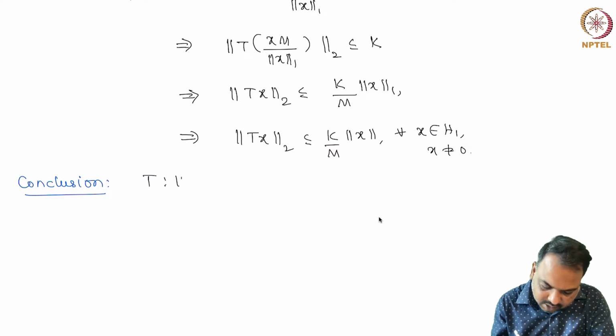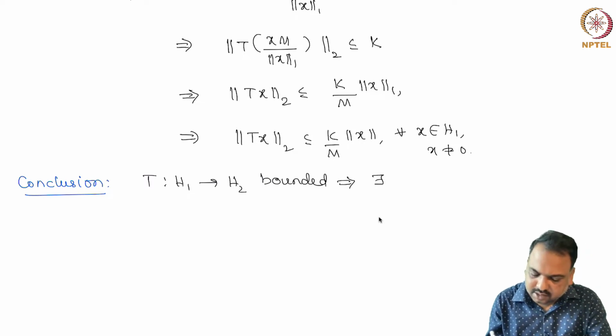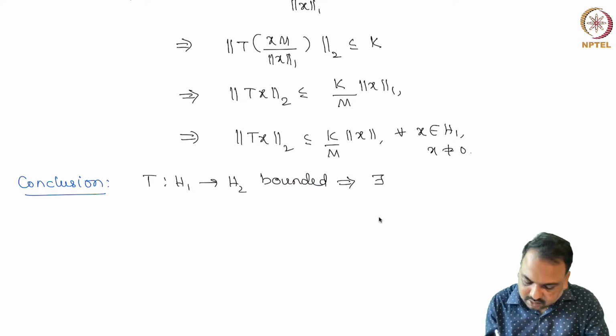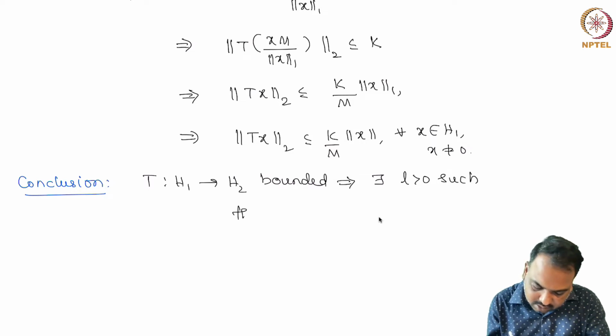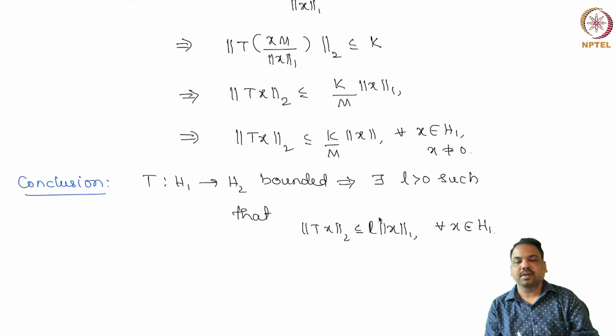T is bounded implies that there exists some constant. So k by m we can call as some L such that norm of Tx is less than L times norm x for every x in H1.